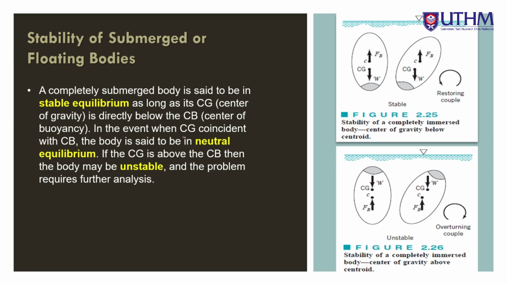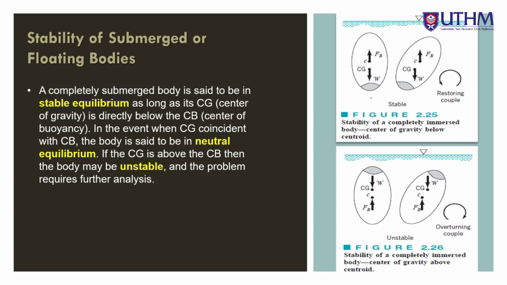So dia nak cakap yang kalau center of gravity directly di bawah center of buoyancy, the body is said to be in stable equilibrium. Maknanya dia stabil. Tetapi kalau dia punya center of gravity berada di atas center of buoyancy, body tersebut dikatakan tidak stabil, dan further analysis is required to solve the problem.